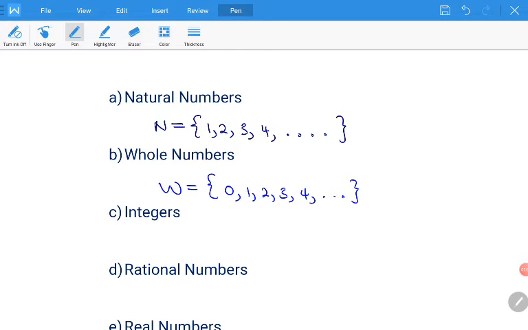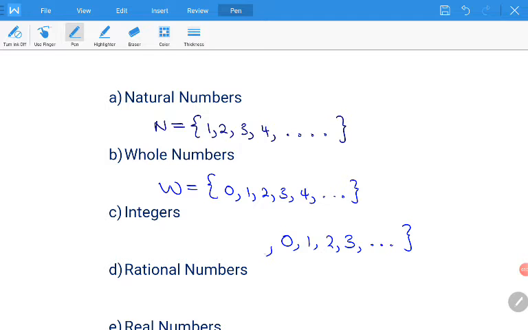Then the third type of numbers that we are going to look at is integers. Integers start from negative infinity to positive infinity, passing through 0, and these are whole numbers, but we will also be having negative values, right? So a set of integers, we have whole numbers 0, 1, 2, 3, and so forth up to infinity.